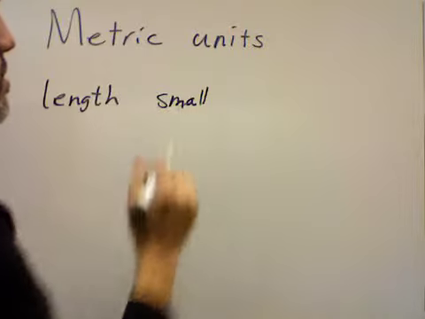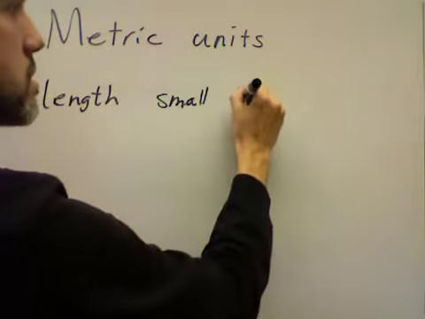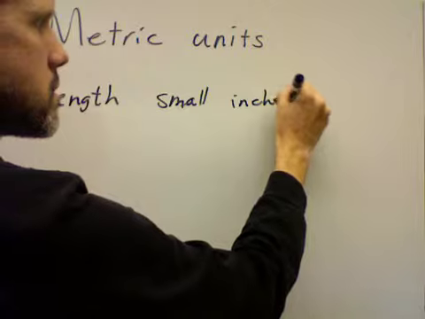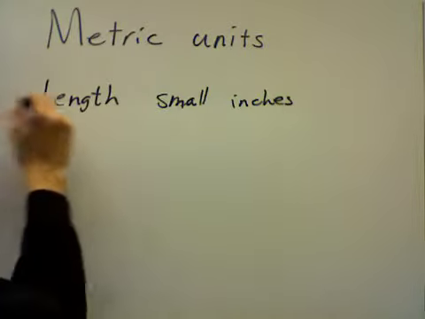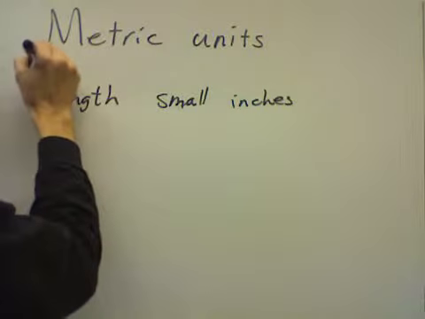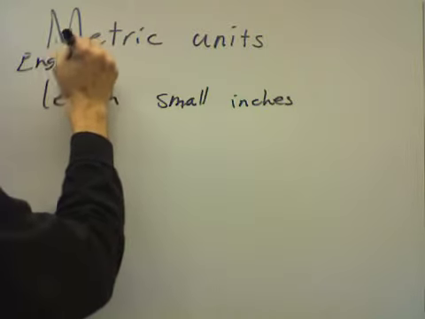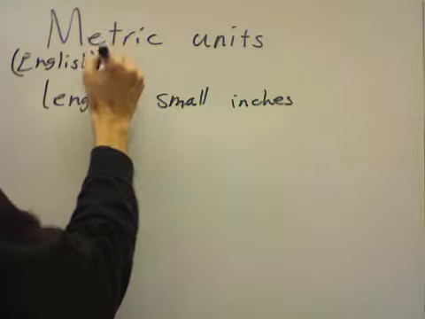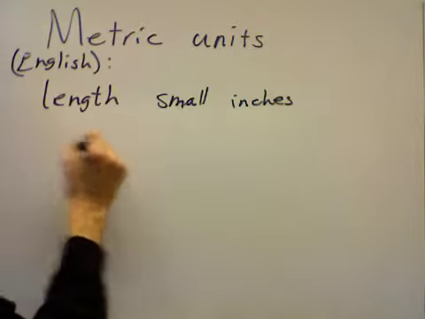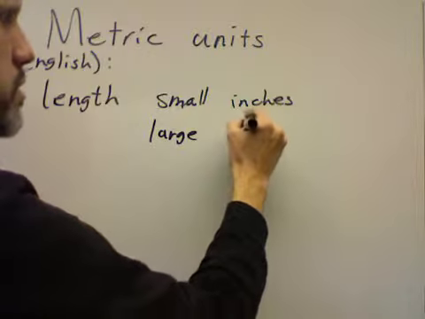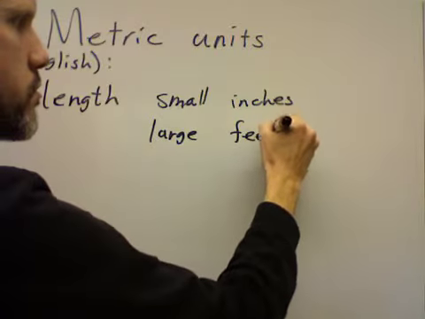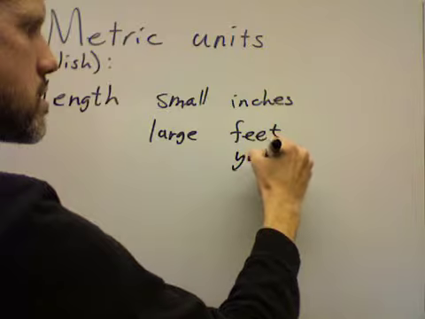I might use inches. If I wanted to measure the length of a longer object, now this is English units, if I wanted to measure a large object, I might use feet or yards.